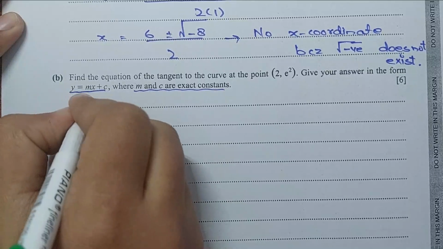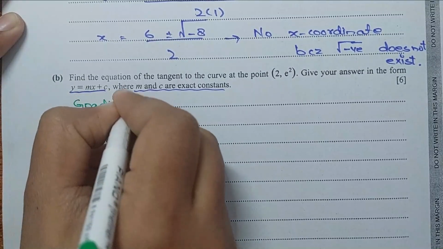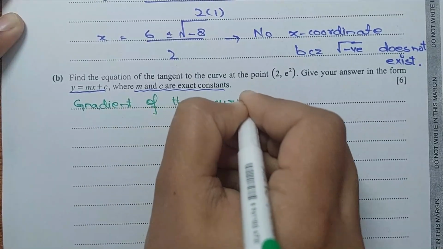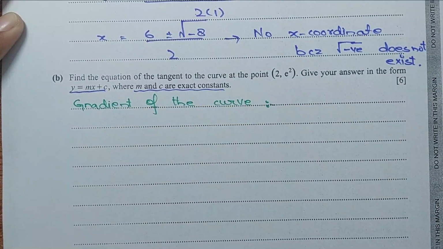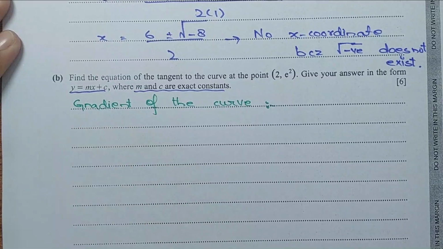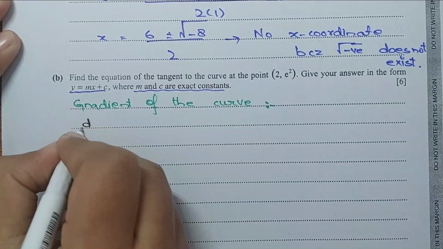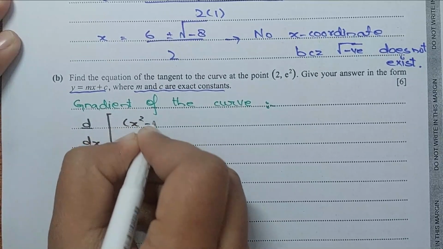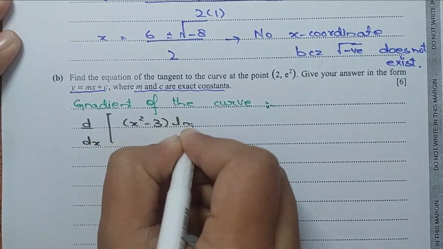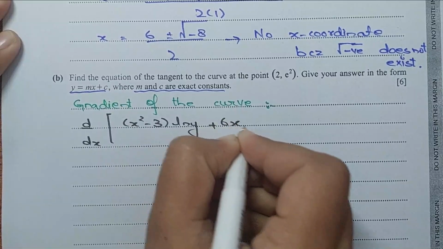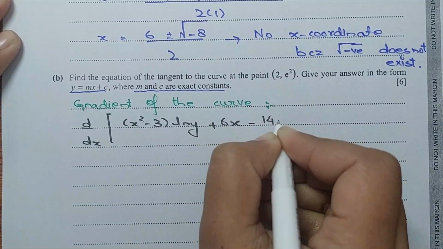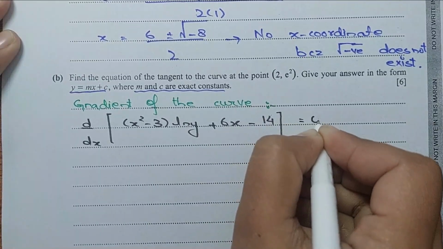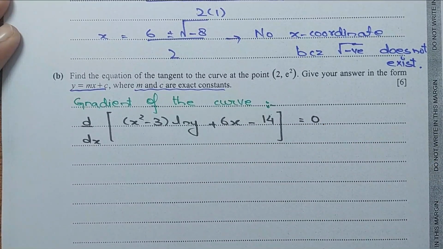Okay, so for the gradient of the curve, we have to differentiate the curve. d/dx of the whole curve, which is (x² minus 3) ln y plus 6x minus 14 equals 0.